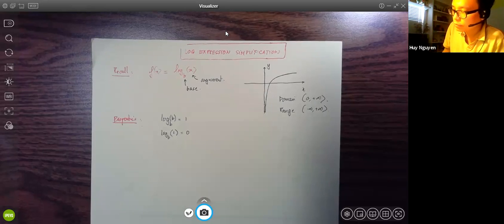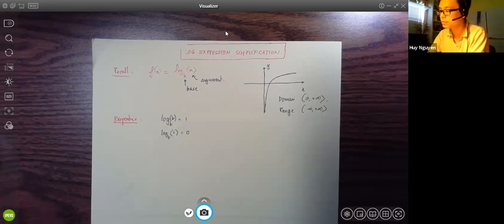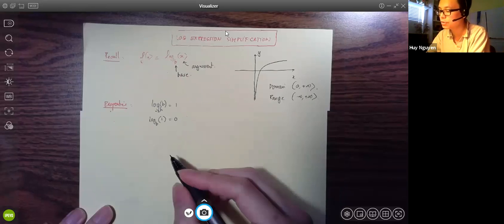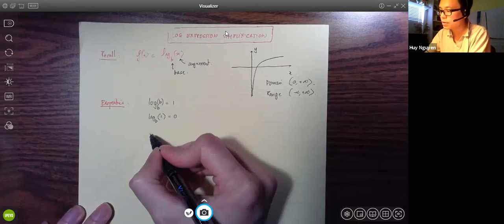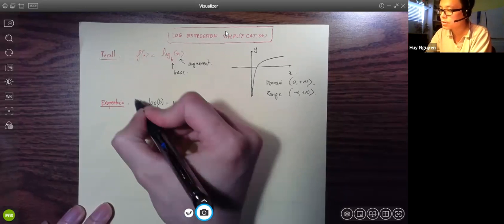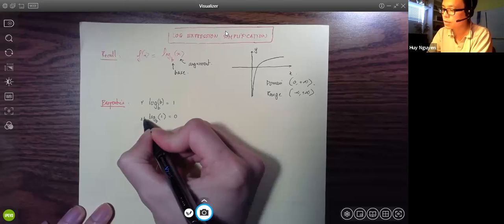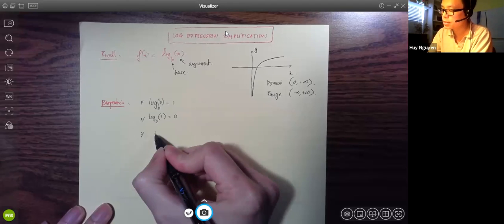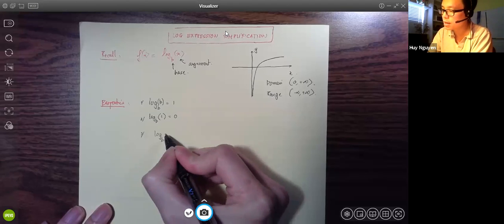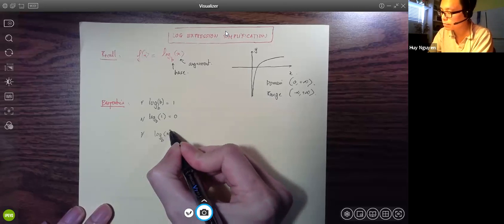Now the second formula you have to memorize. Another formula I want you to know, so this is the first one, second one, the third one will be log base b of x to the n.